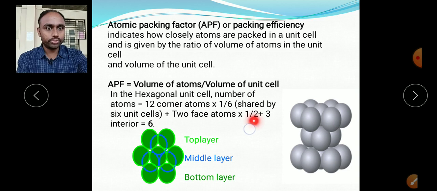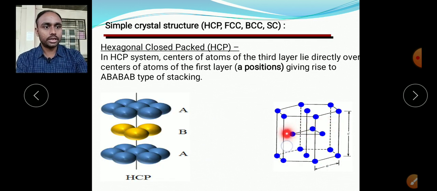So 2 face center atoms multiplied by 1 by 2, because those atoms are shared by 2 different unit cells, and plus we have 3 atoms which are completely present in the unit cell. So there is no division, simply plus 3.